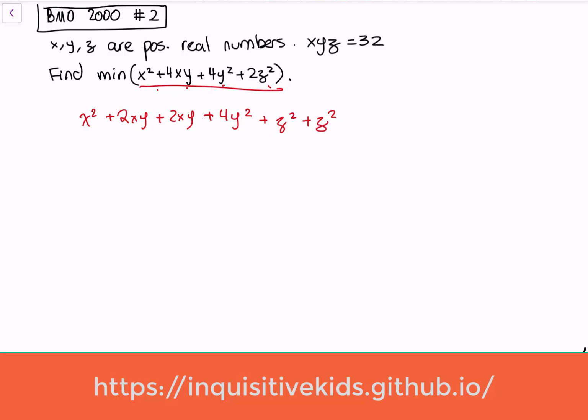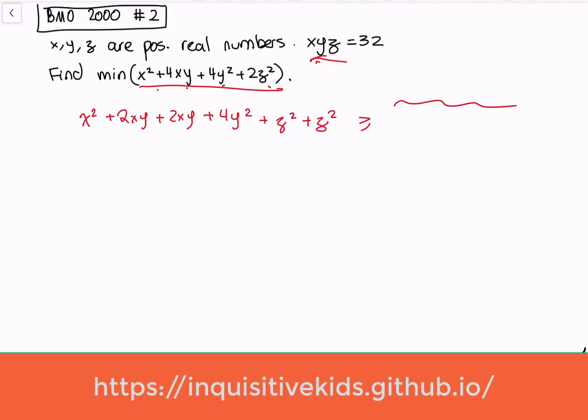Well, I did this because I wanted it such that whatever we have on the right-hand side of the inequality, inside the radical, we're going to have x, y, z to some power.